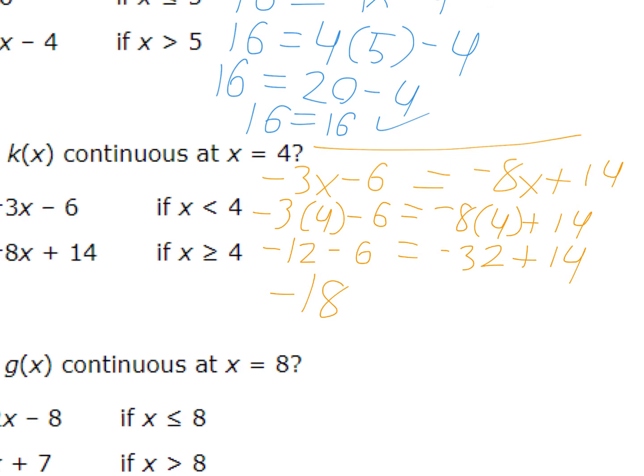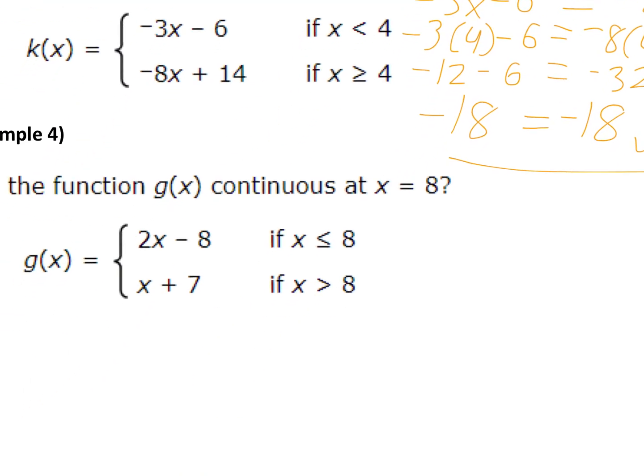Negative 32 plus 14, that will also give us negative 18. So once more, both sides are the same. This is continuous at x equals 4. And folks, I get it. This example, the last two, they've been continuous. For now, it's easier to just show you continuity.